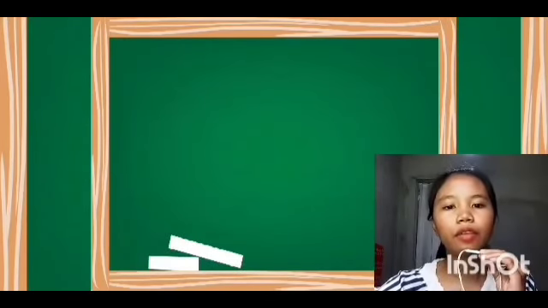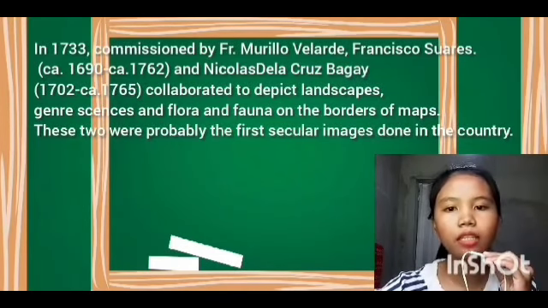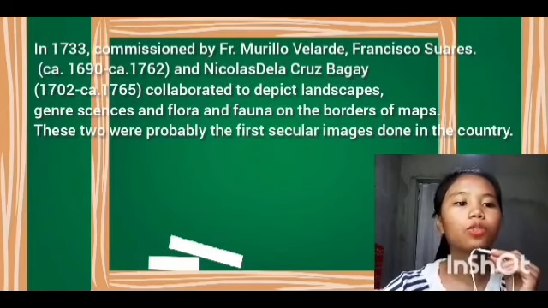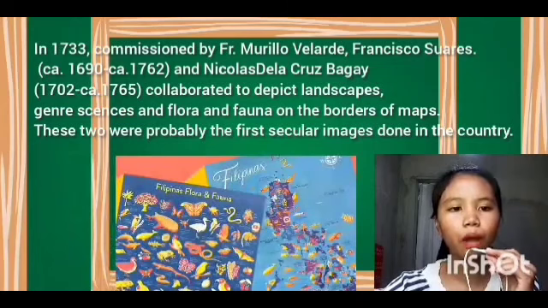Lastly, in 1733, commissioned by Father Murillo Velarde, Francisco Suarez, circa 1690 to circa 1762, and Nicolas de la Cruz Bagay, 1702 to circa 1765, collaborated to depict landscapes, genres, and flora and fauna on the borders of maps.